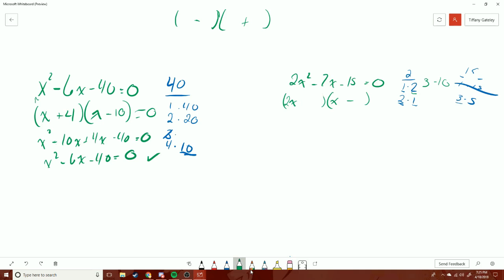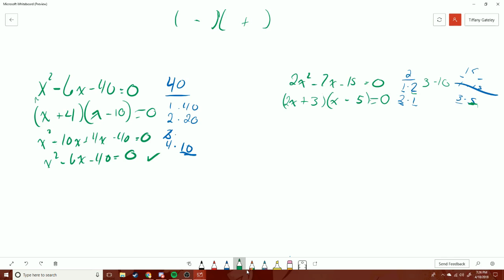Minus goes with the big number. I knew this. 10 plus 3. What am I doing? Minus 5, that number. I know what I'm doing, I promise. Equals 0. Okay.